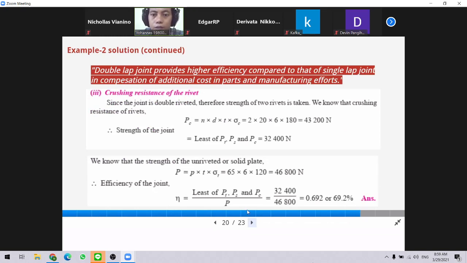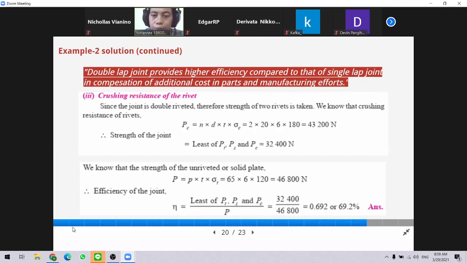And here we have the minimum one is the tearing resistance, that is 32 kilonewton. So if we compare with the load capacity of solid plate or unriveted plate, then it will be 69%.